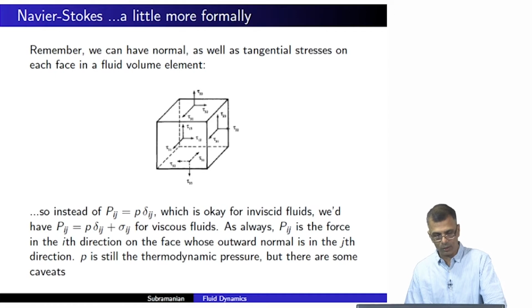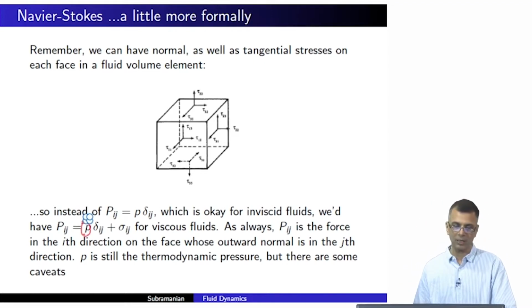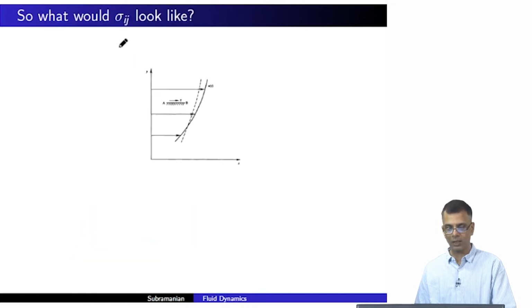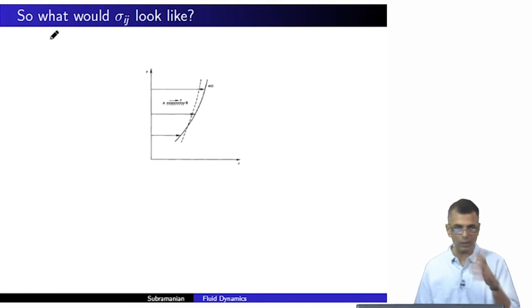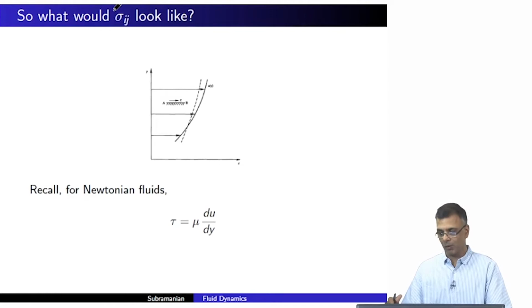So p is this small p that we wrote down, and this one is still the thermodynamic pressure, but there are some caveats. The question now is, what would sigma ij look like? What would the shear stresses look like? We've written it down formally, but what would it look like? Again, we go back to our definition of Newtonian fluids.